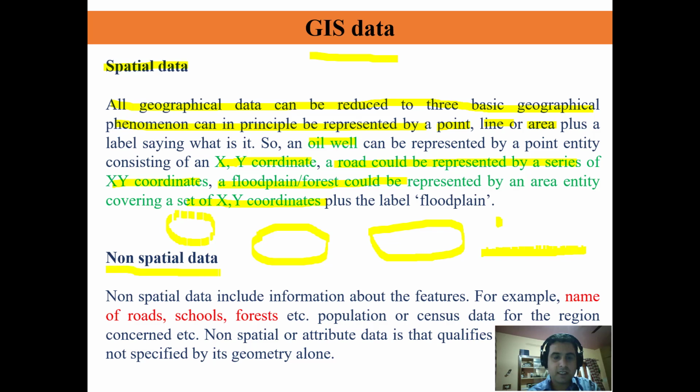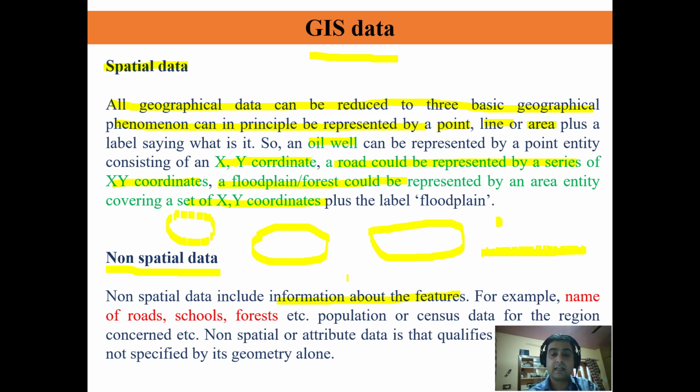Now what about non-spatial data? Non-spatial data includes information about these features, about the spatial data. Now let's name any spatial data. Say oil well. The oil well's x and y coordinate is the spatial data. And what about its non-spatial data?